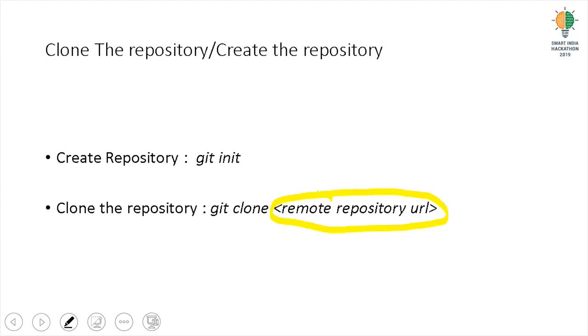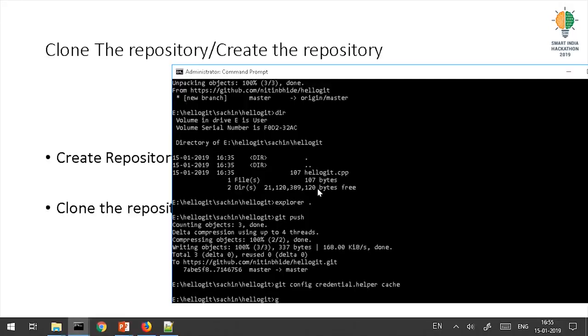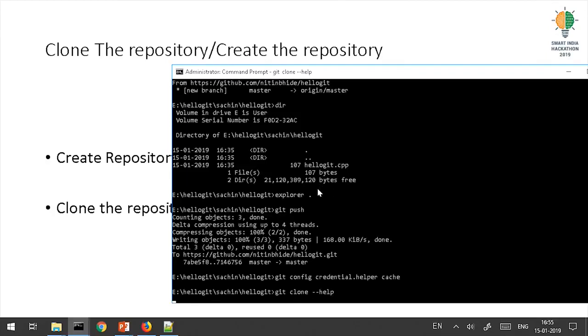What kind of repository URLs are possible? You can always check by going to the help page of git clone. And this is how you can get help for any git command. Let's see the help for git clone. Whatever command I want to use, say git, then the command and then dash dash help.